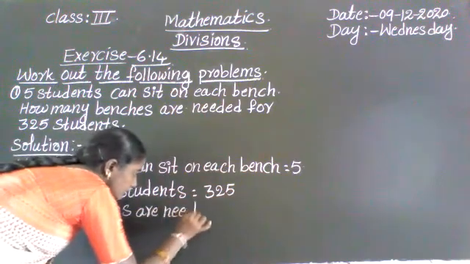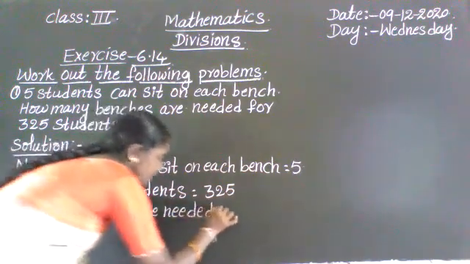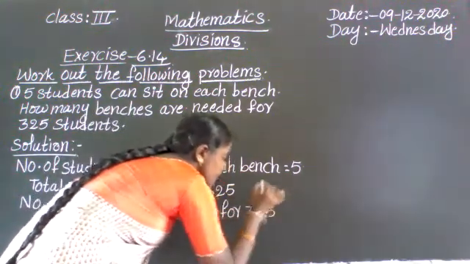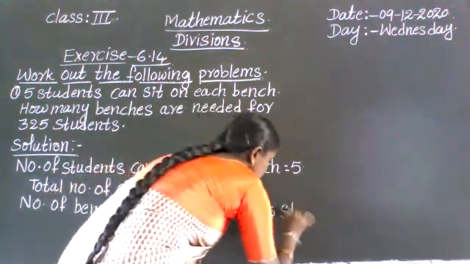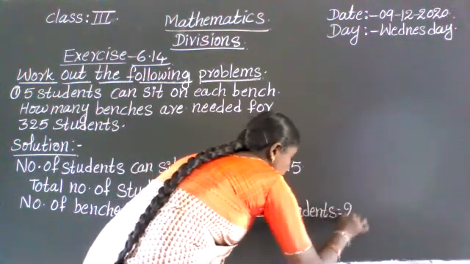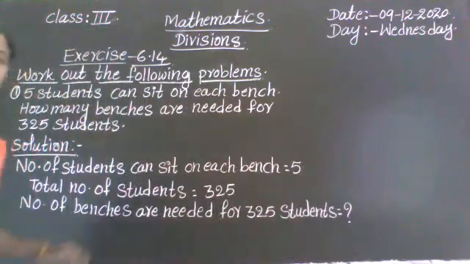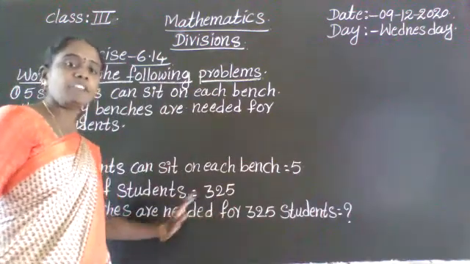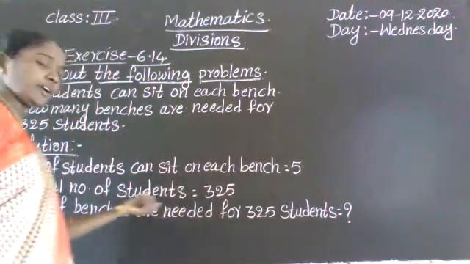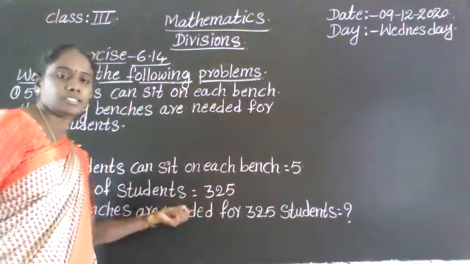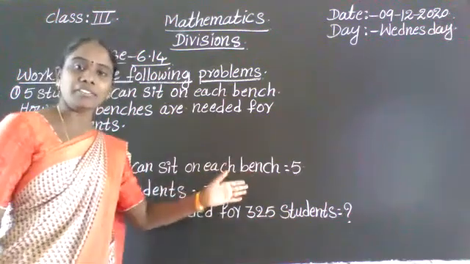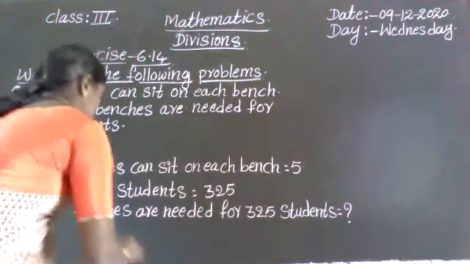We have to find out this one only, the number of benches. How can we find out? With division. 325 divided by 5.